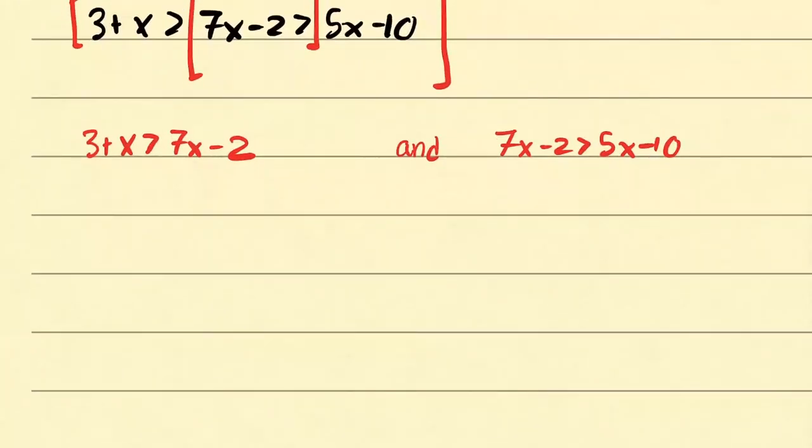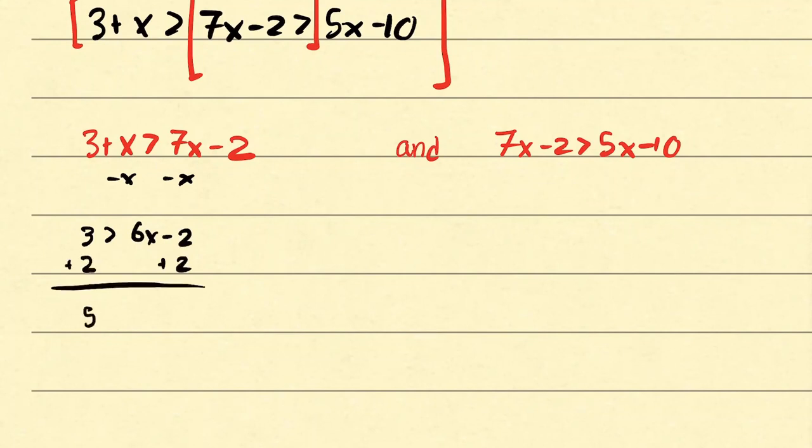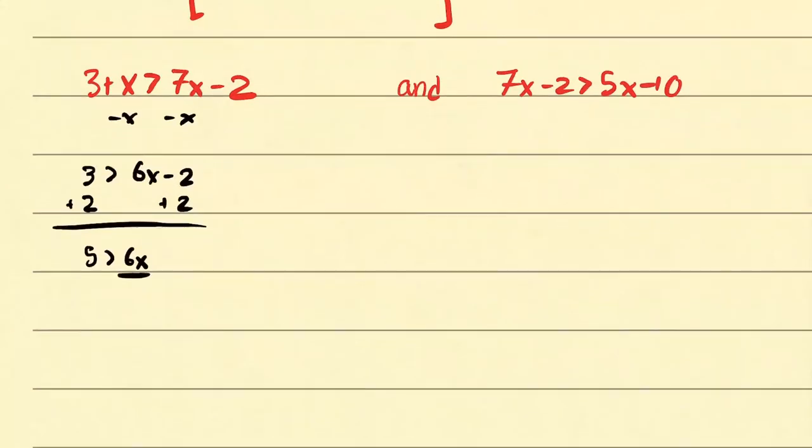So let's solve this. I'm going to subtract x from both sides to get 3 greater than 6x minus 2. Then I'm going to add 2 to both sides to get 5 is greater than 6x. And then I'm going to divide by 6.